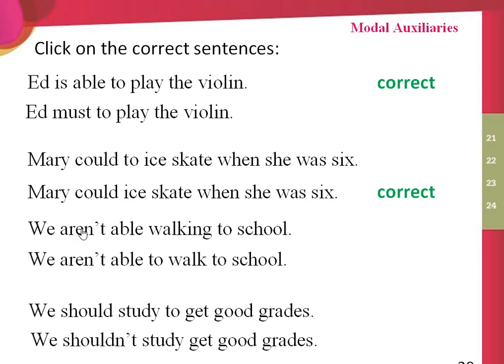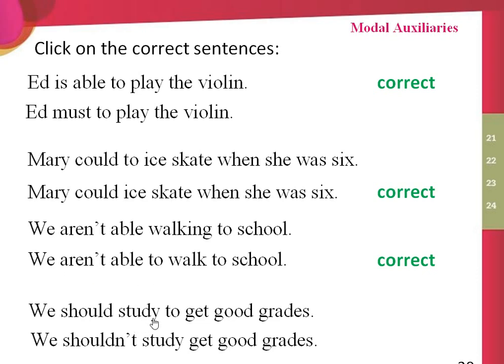Example number 3, we aren't able walking to school. We aren't able to walk to school. And the correct answer here is we aren't able to walk to school, because the verb is be able to. Be able to.